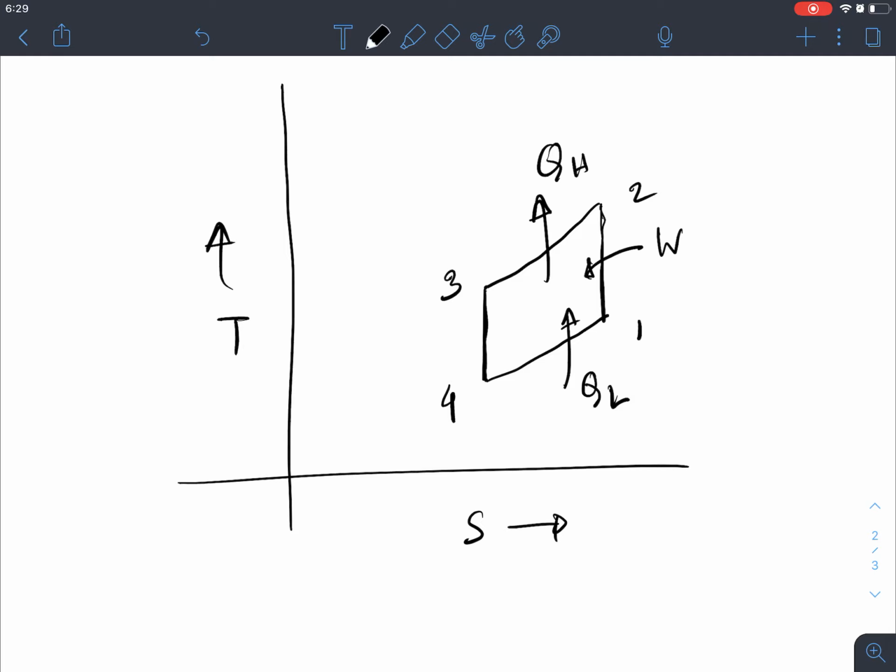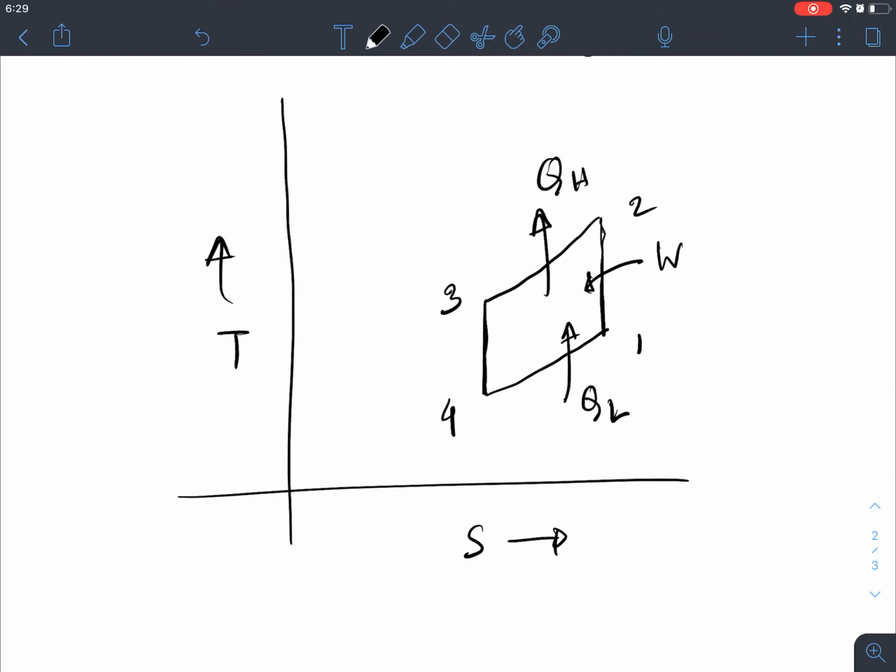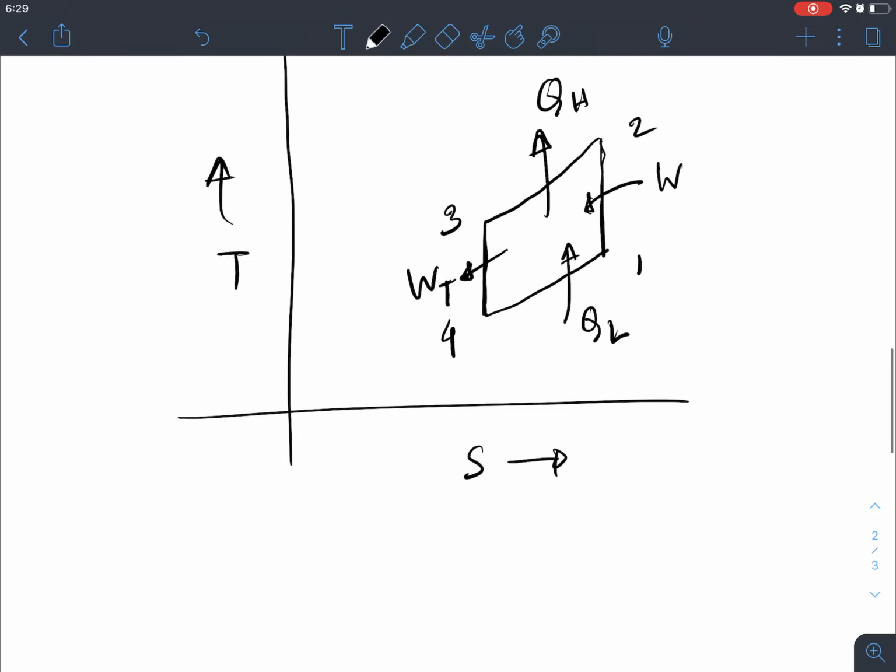So just by looking at this TS diagram, what are the things we are looking at? Again, let me consider that we are using the turbine, so the turbine is producing some work, WT.